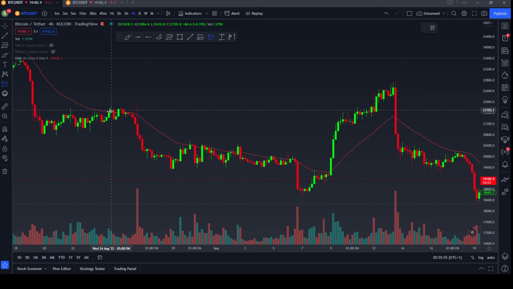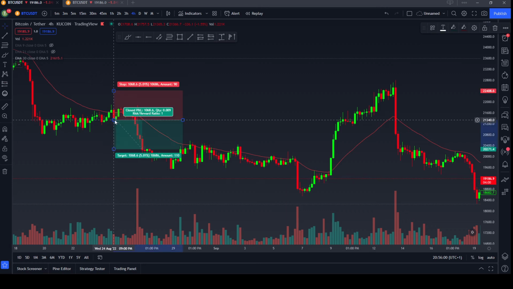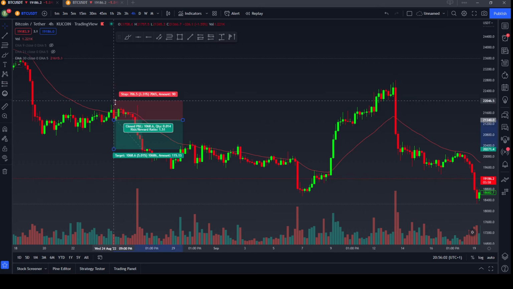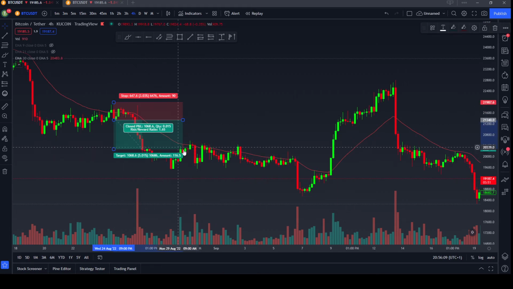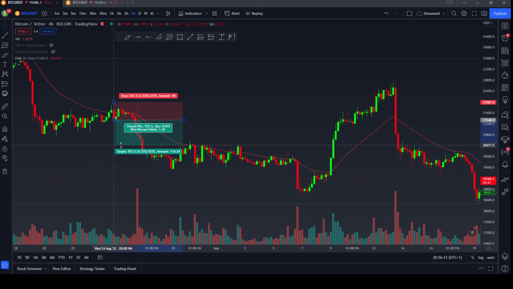Would have got stopped out on that one, but we'd got in here. We would have set our stop just above the consolidation zone. So we wouldn't have got wicked out on that one. First close was here. Just looking at that candle, it's nearly 1,000 point move. That was a good one.